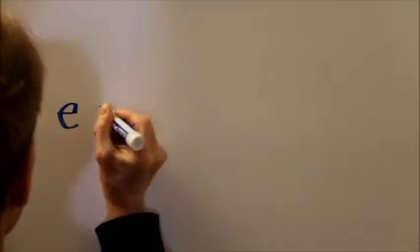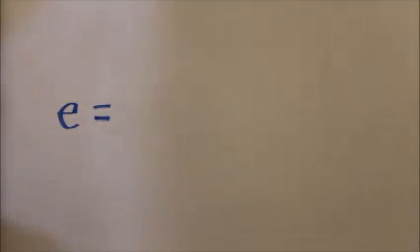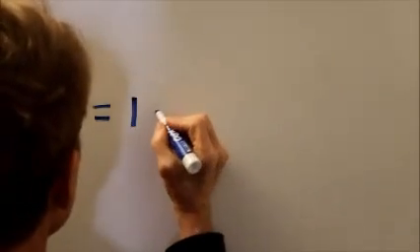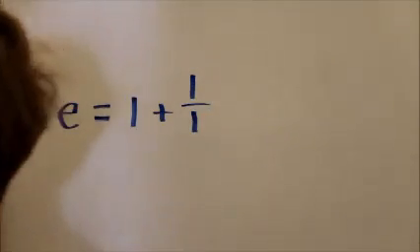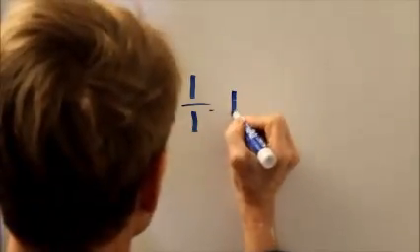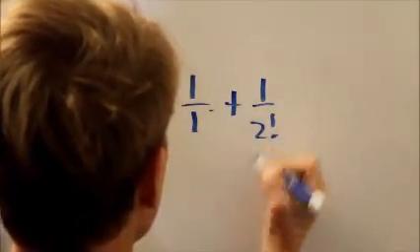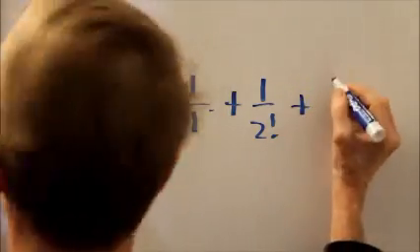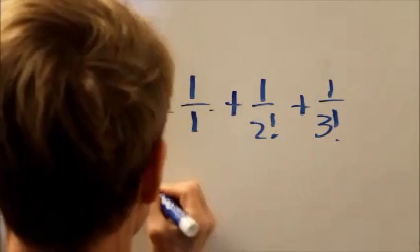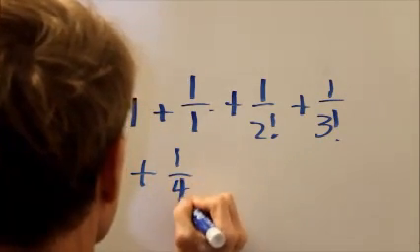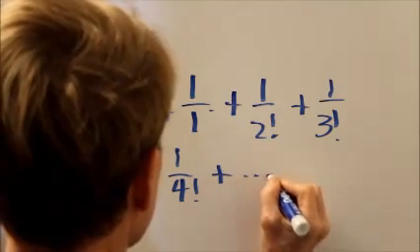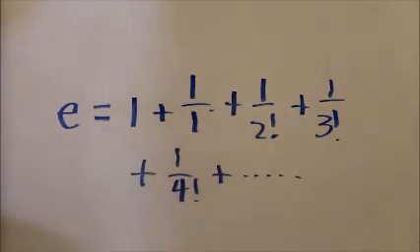One of the most interesting is that it is the sum of an infinite series. If you take 1 plus 1 over 1 plus 1 over 2 factorial plus 1 over 3 factorial plus 1 over 4 factorial plus ... and you add up this infinite series, in the wonderful world of mathematics, you can do that.